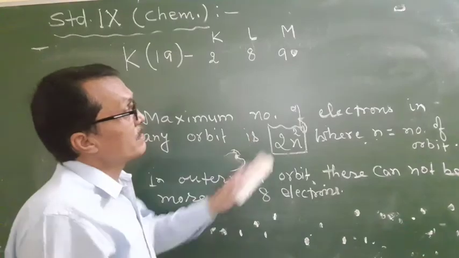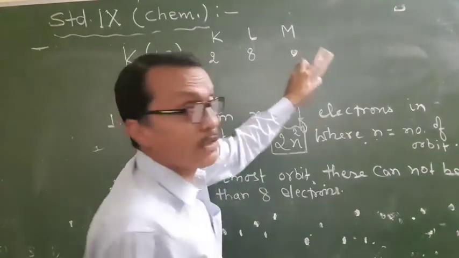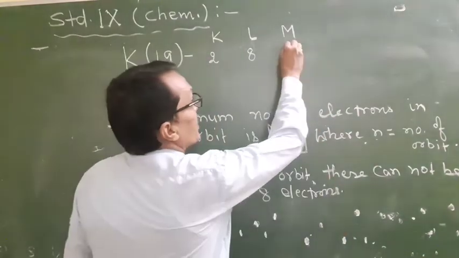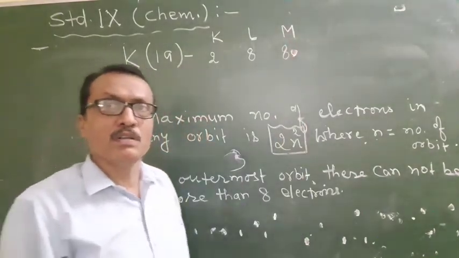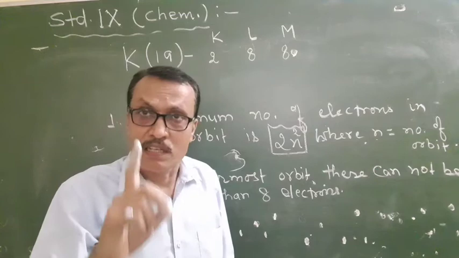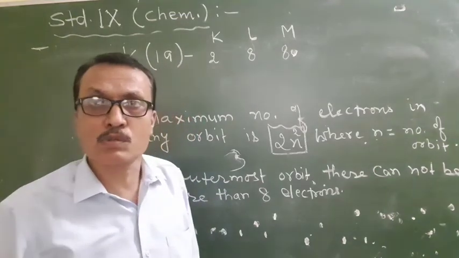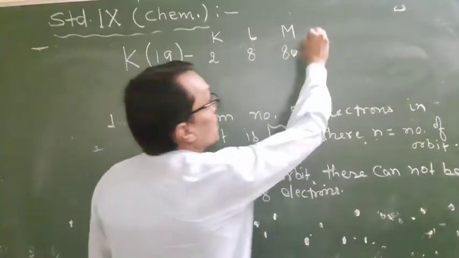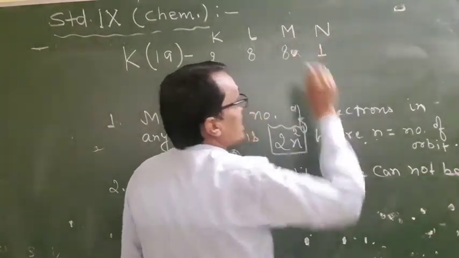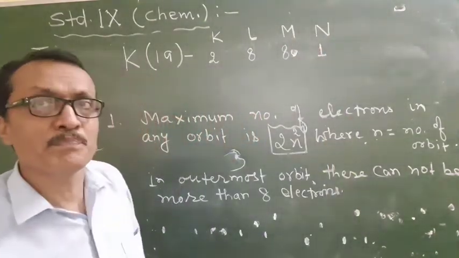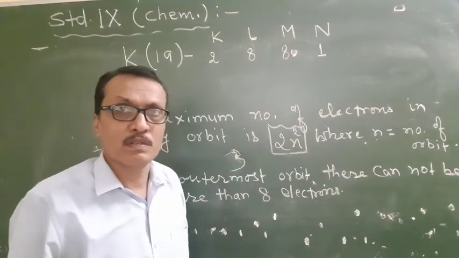So here 9 will certainly not be; 8 electrons will be the maximum. Now 1 electron is left with us, so that 1 electron will go into the next orbit. And this is n. So in n there will be 1 electron.